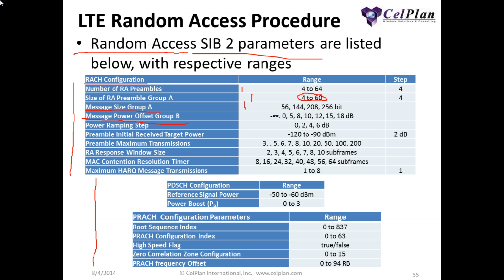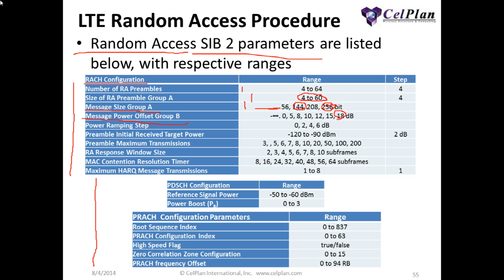So the designer should specify, suppose 144. Okay, so if the message has 144 bits, it will be group A. Or it can specify 256 bits, but it has only 4 values to choose. And in group B, it will specify what is the power offset for it.